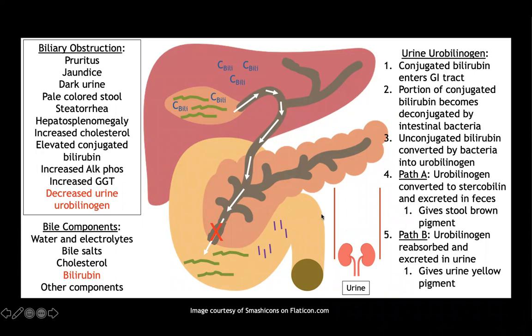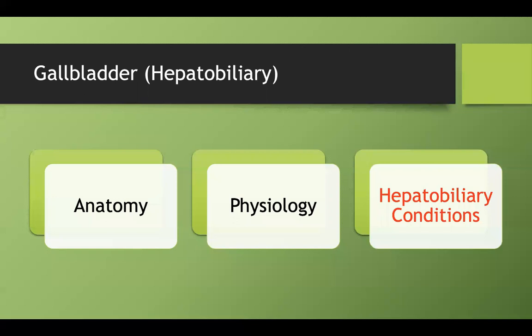So you will get an increased urine urobilinogen level in things like hemolysis because there's nothing stopping all of that bilirubin from eventually making it into the GI tract. So it's just a differentiating factor. Like I said, it's a little bit lower yield than others, but I wanted to point that out.